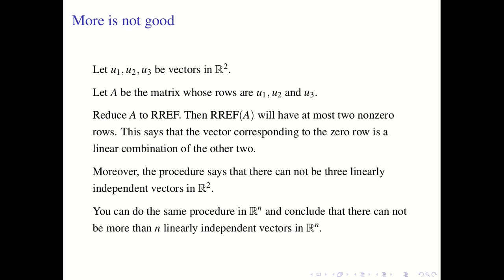Now if you reduce A to a row reduced echelon form, then this will have at most two non-zero rows. That is, the vector corresponding to the zero row is a linear combination of the other two.